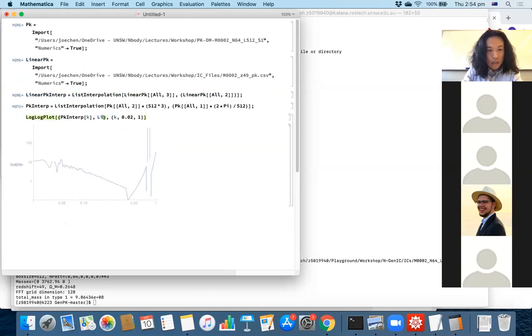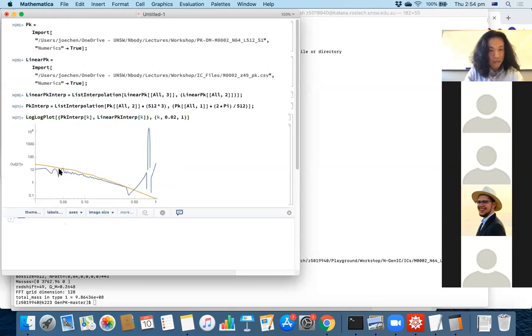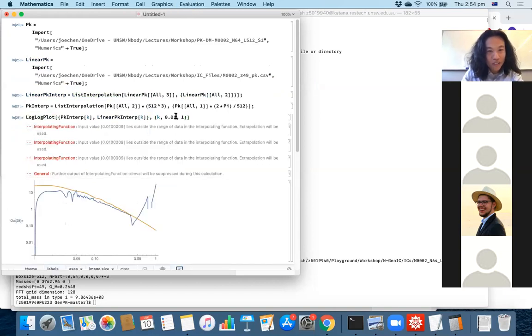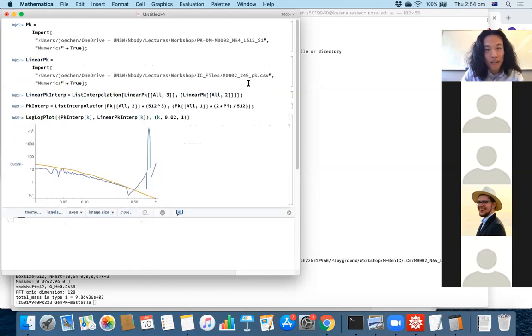Compare this to linear PK. It's kind of close. The orange line is the CLASS power spectrum, and the blue line is the simulation, the initial conditions that we generated. I used the z=49 one, so I should have used the z=0 one and scaled it back.